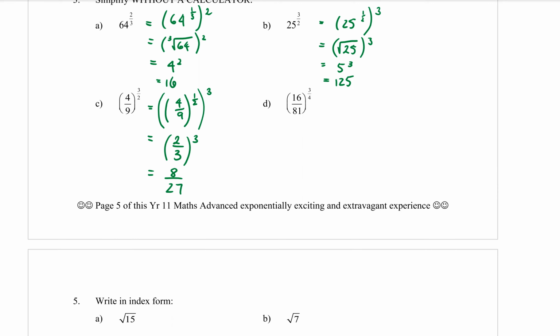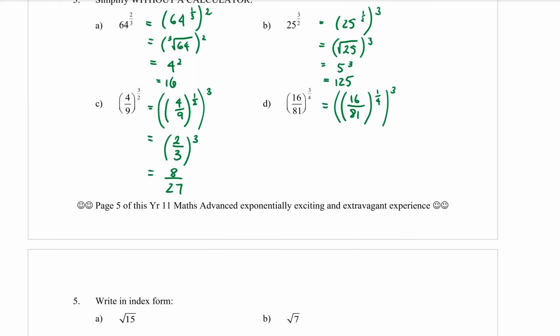16/81 to the power of 3/4. So we're going to keep the 16/81. We're going to make that to a power of 1/4, and that needs to be cubed. Okay? So this is where you might want your calculator. Let's see. The 16 to the power of 1/4 means a 4th root of 16.